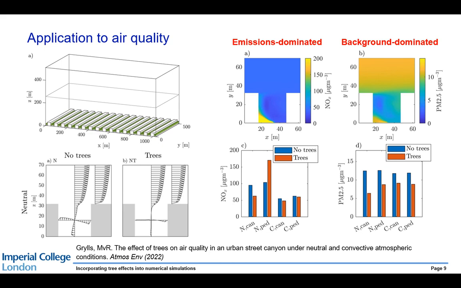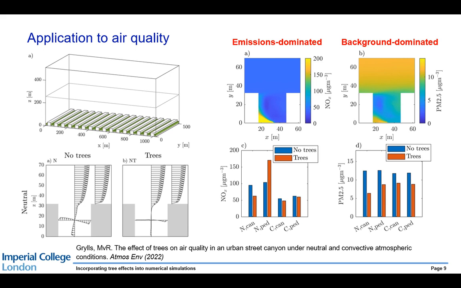So if we look at the figure on the bottom left, this is for the neutral boundary layer, and this is showing the velocity profiles. You can see that the velocity is indeed much smaller when you have trees, showing that you have less exchange.